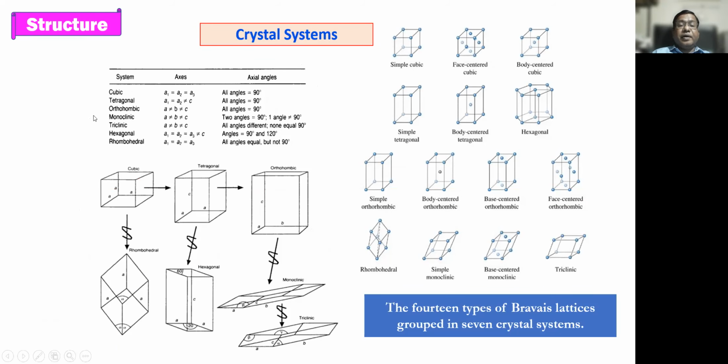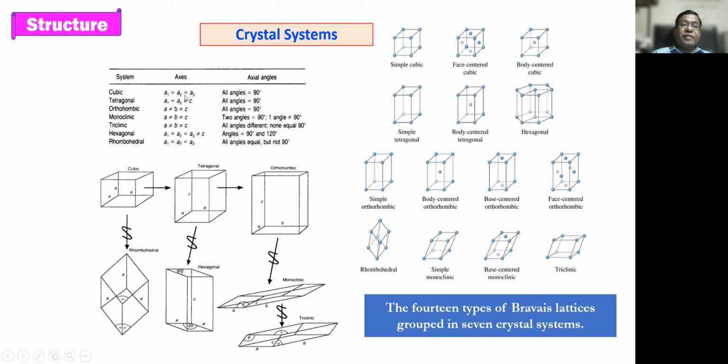Then we are considering the crystalline material, depending upon the permutation and combination of three sides along the x, y, and z axes. The lengths along the x, y, and z axes are normally represented by a, b, c.